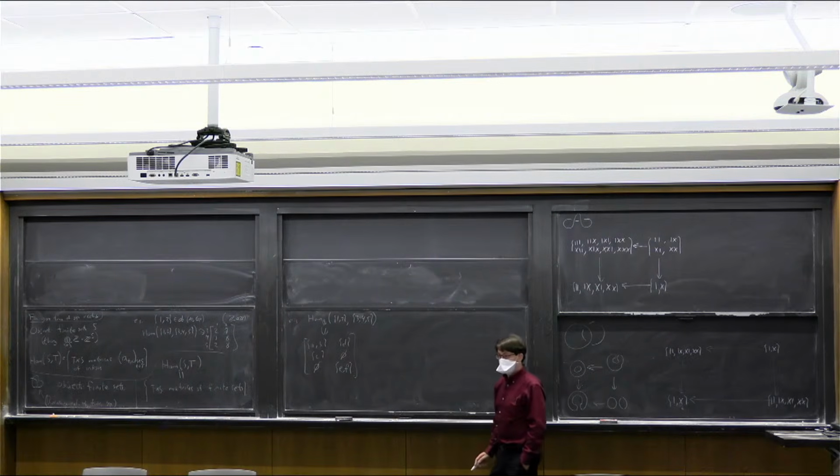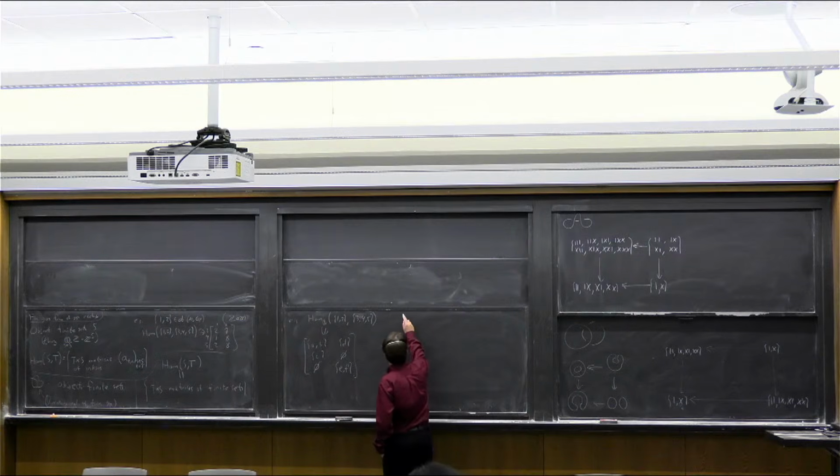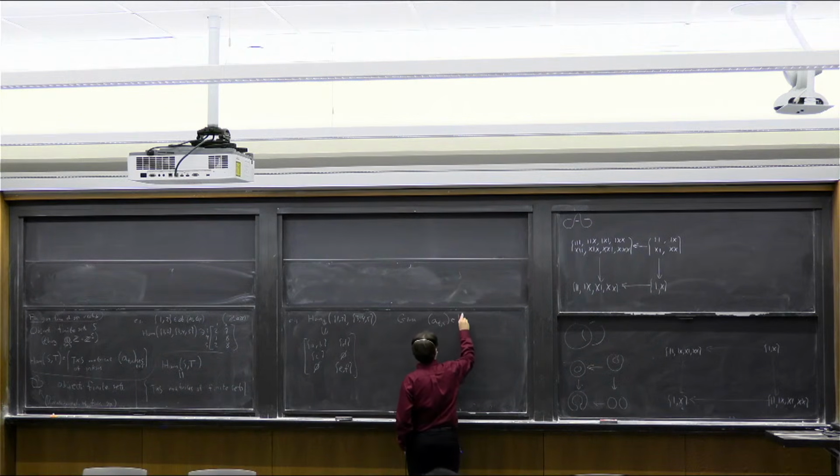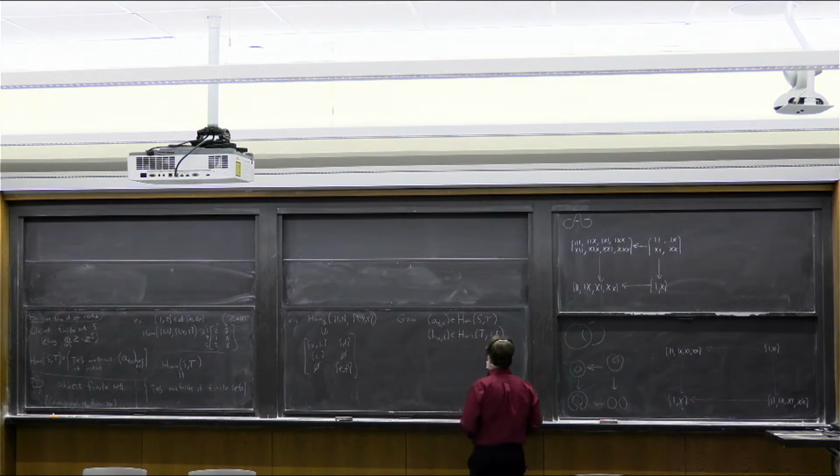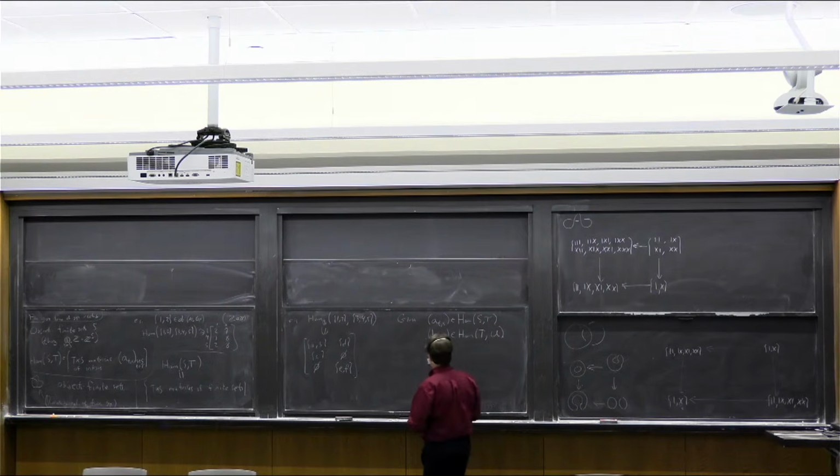Now you want to know how you compose them, right? That's what you want to know. So given, let's say, the matrix A_TS in Hom of S,T, and B_UT in Hom of T,U, I can compose these. How?